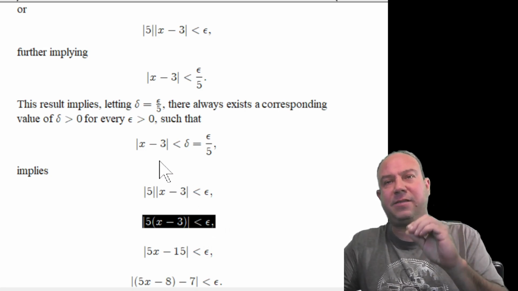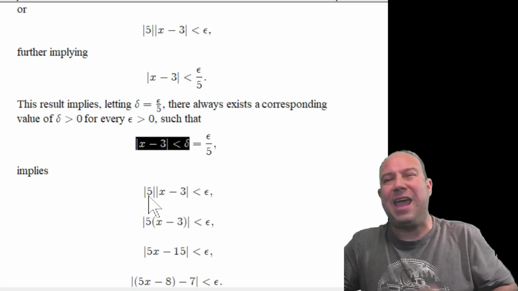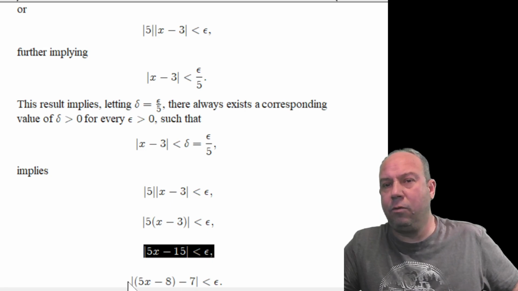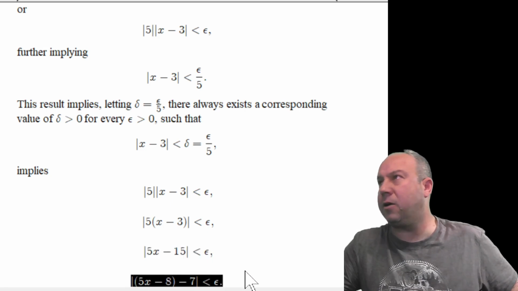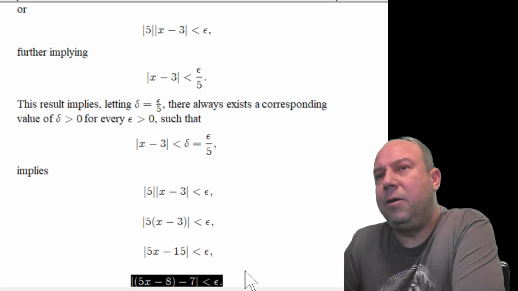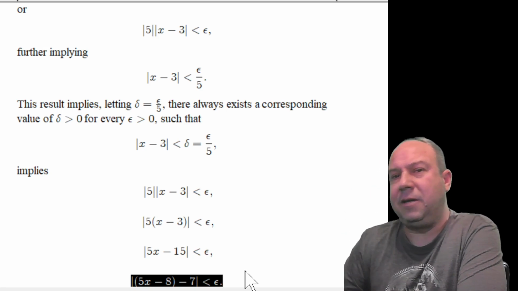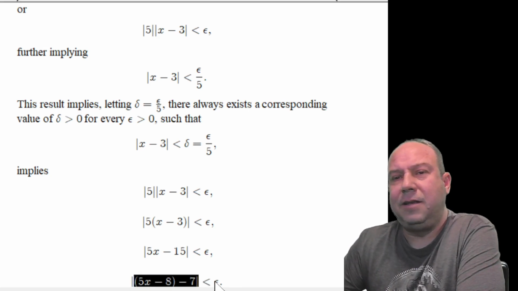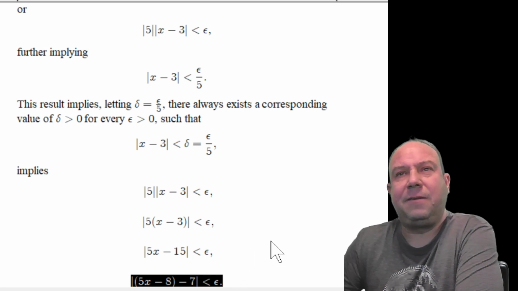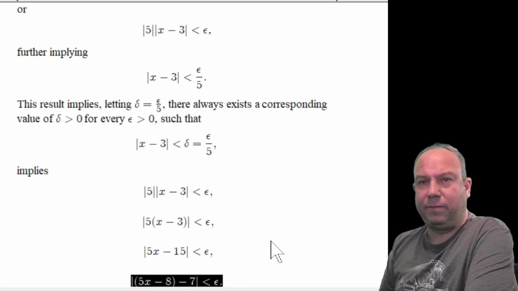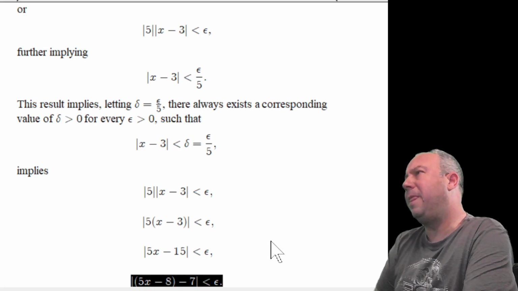I can take this statement seen here and transform it through this algebraic work into the result I need to prove the limit: that the absolute difference between f of x and L is less than epsilon. That is my proof.